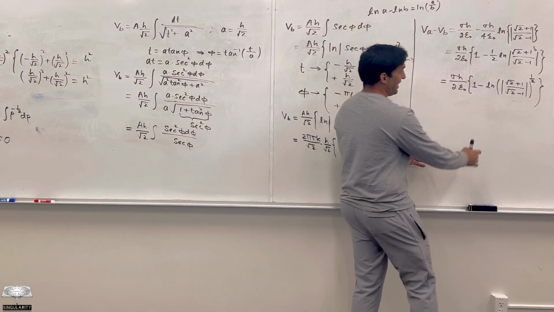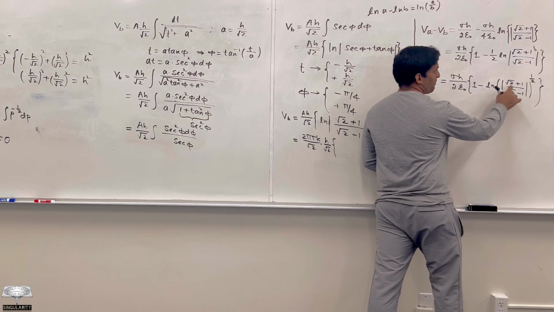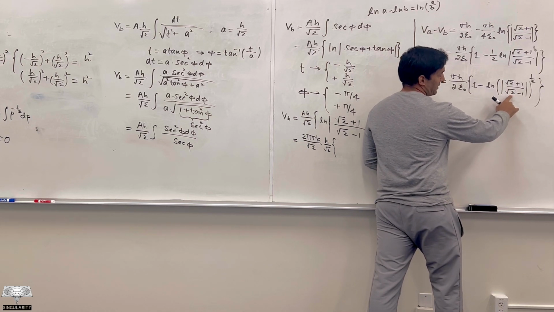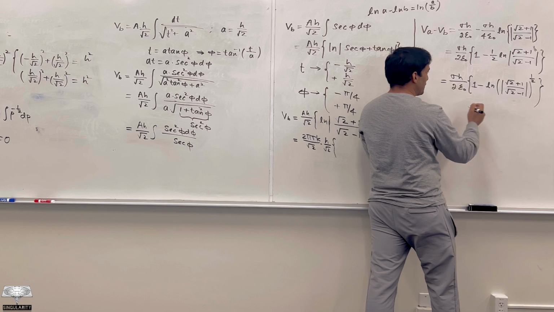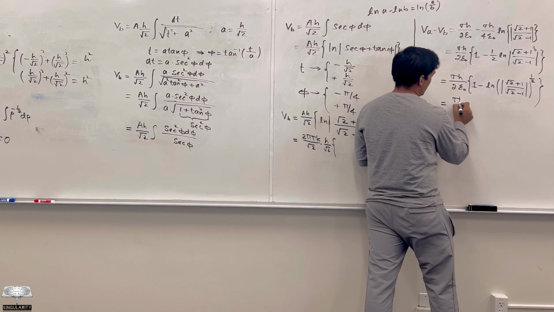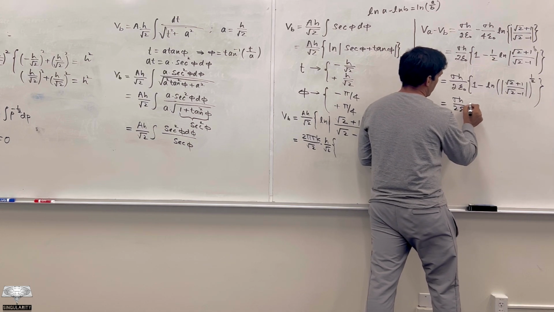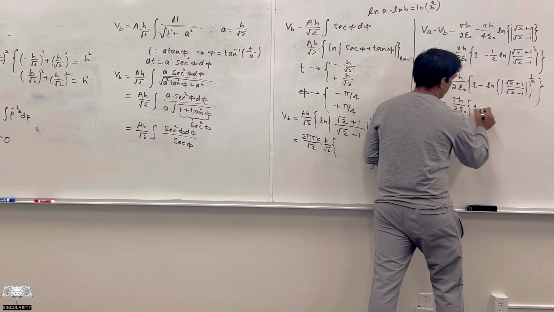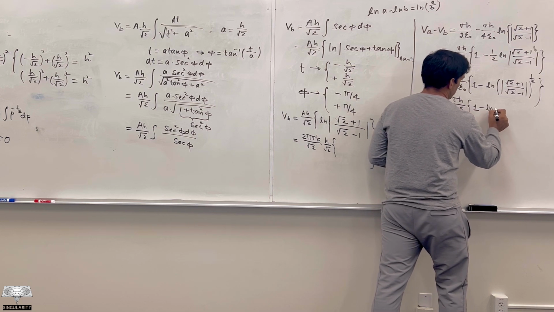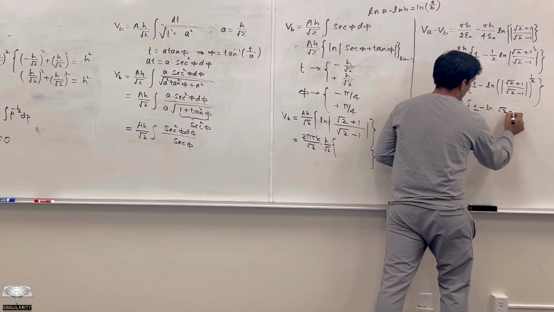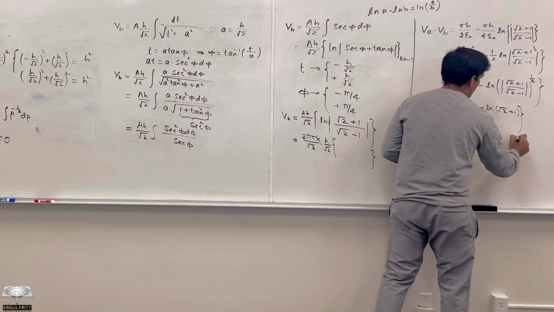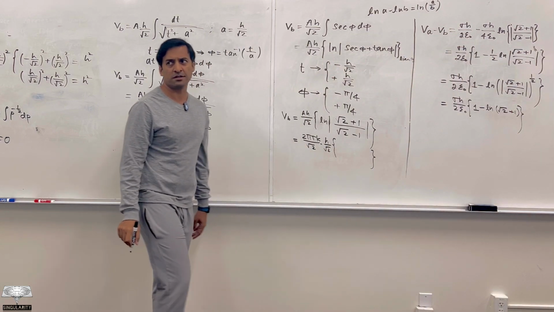So this is 1.4142, this is 1.4142 minus 1, so you can compute these things and your answer can even be simplified in this form: 1 minus natural log of square root 2 plus 1. So you can also write it in this form if you want.